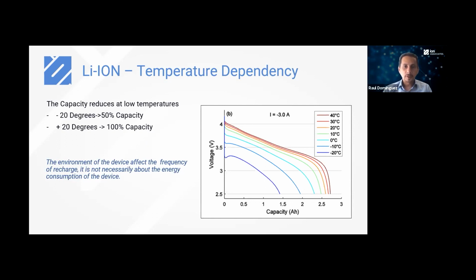There are some batteries that can work and withstand charging and discharging at minus 20 degrees C, or even being discharged at minus 30 or minus 40. But those are special batteries that we can find. But we need to know what is the usage, what is the temperature expected, to consider those in our calculations.